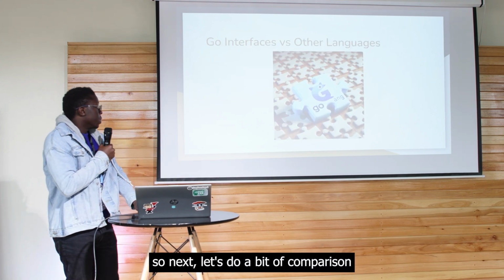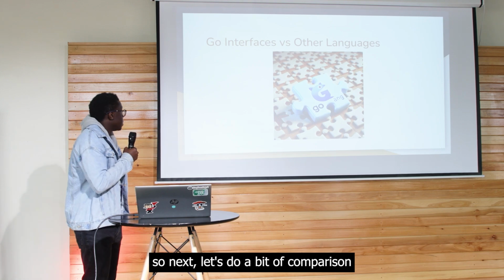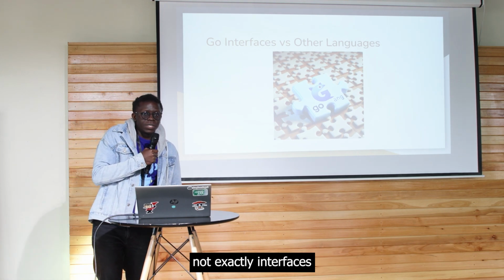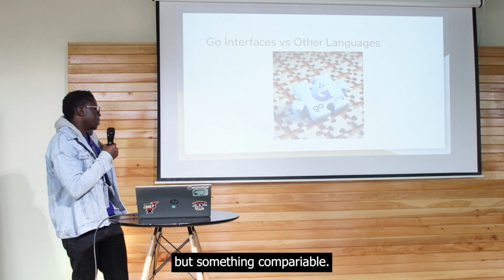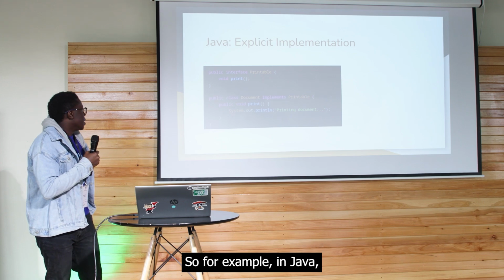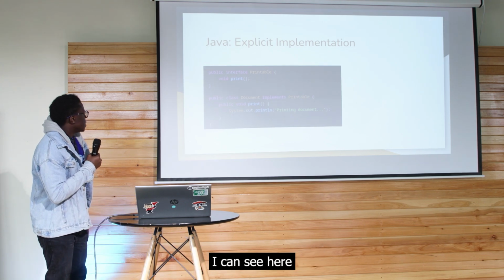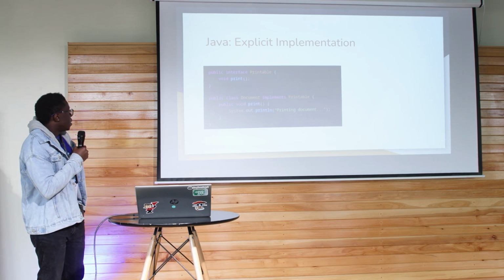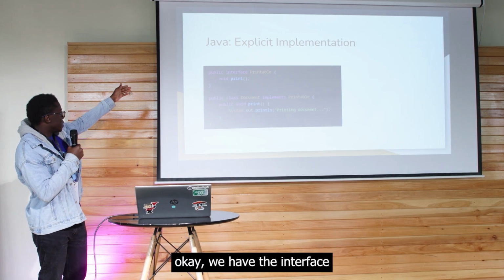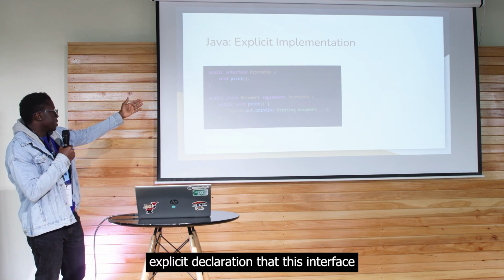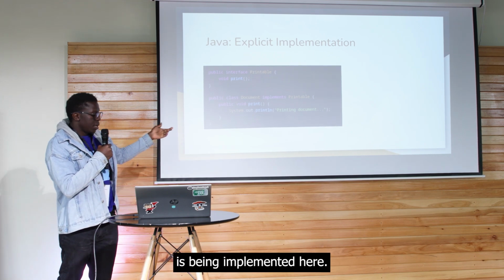Okay, so next let's do a bit of comparison with other languages, and sometimes not exactly interfaces, but something comparable. For example, in Java, you can see here we have an explicit declaration of the interface, and then we have an explicit declaration that this interface is being implemented here.